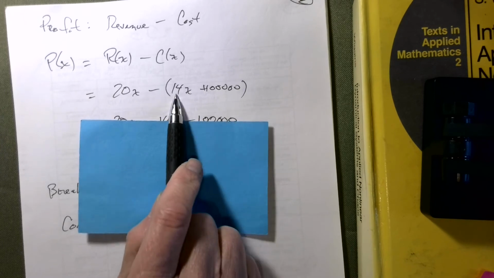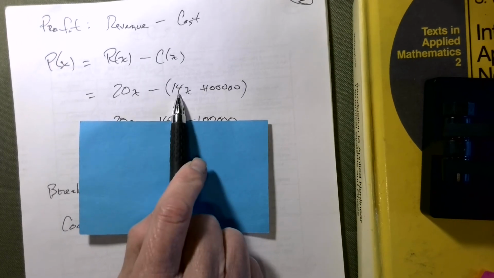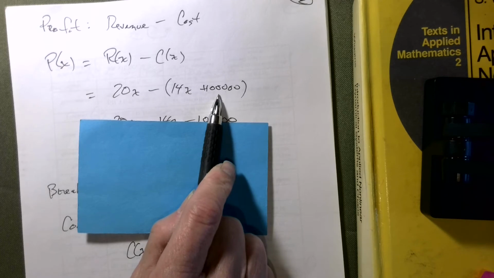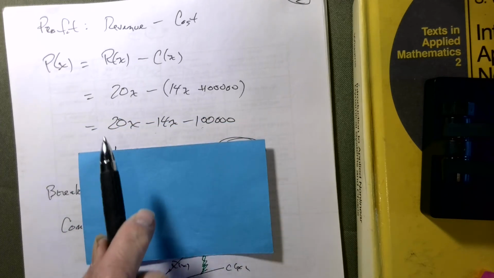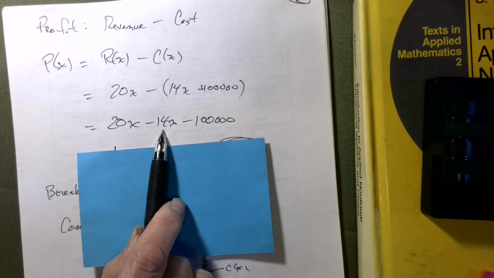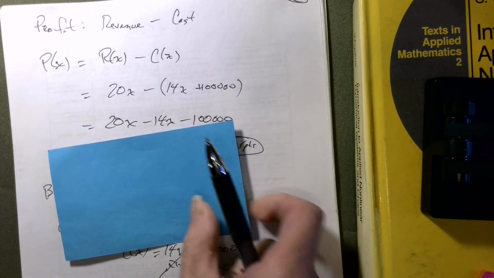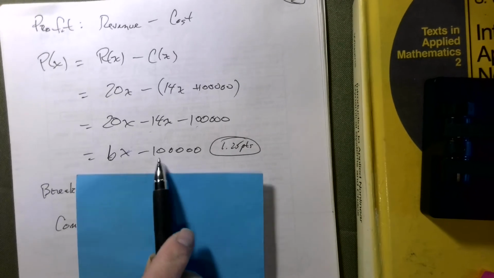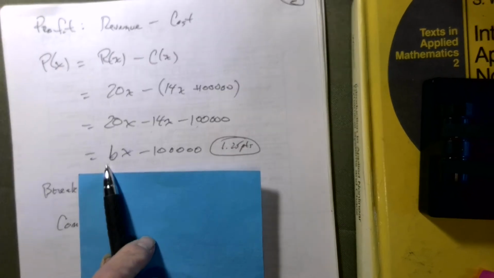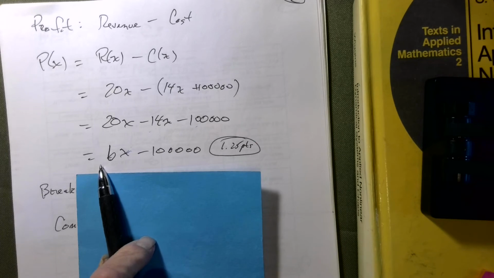This is a very common mistake where you just subtract off this, but you don't change this. All right, so if I negate everything, now I'm going to take the 20 minus the 14, which is going to be the 6. So 6x minus 100. In other words, you're making $6 profit per unit.